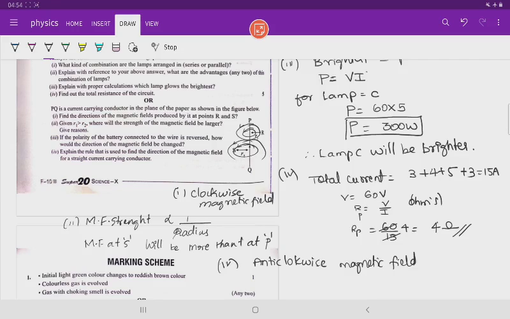Explain the rule that is used to find the direction of the magnetic field for a straight current carrying conductor. Already we have studied this, and it is the right hand thumb rule.